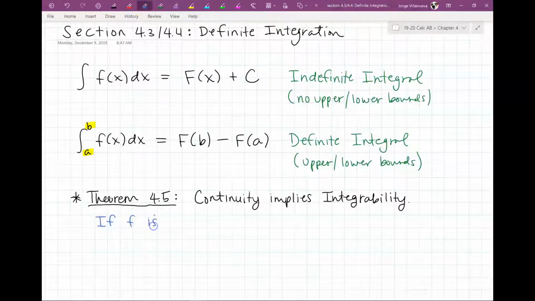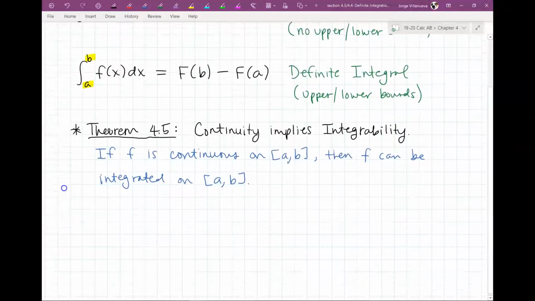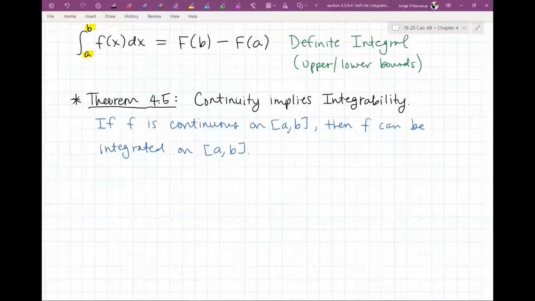If f is continuous on the closed interval from A to B, then f can be integrated on that closed interval A to B. So if a function is continuous, then you can integrate it. Continuous within that interval, you can integrate it within that same interval. That's the first thing they tell us.